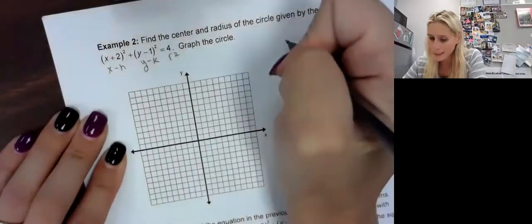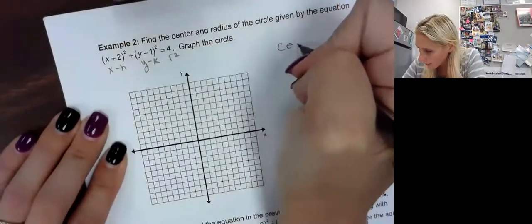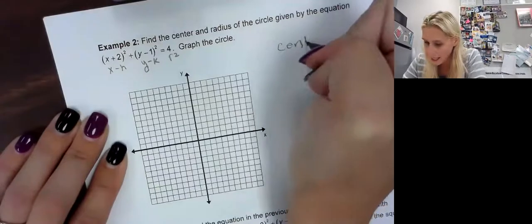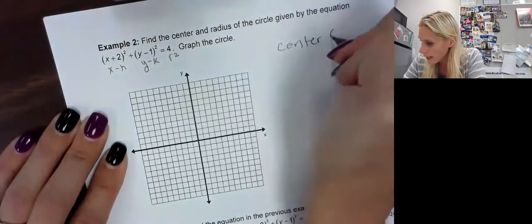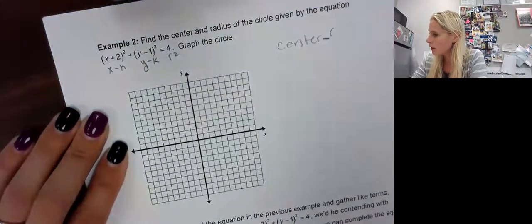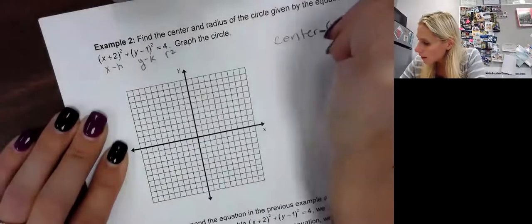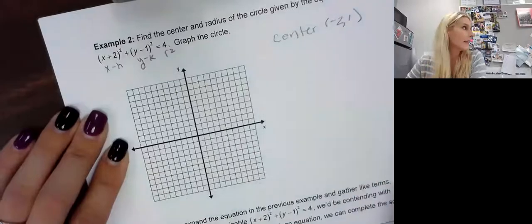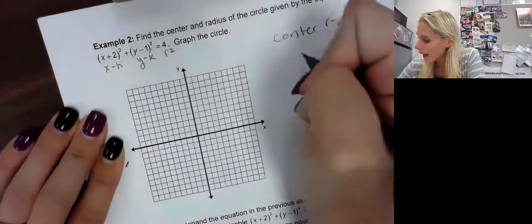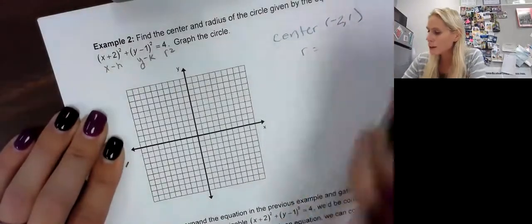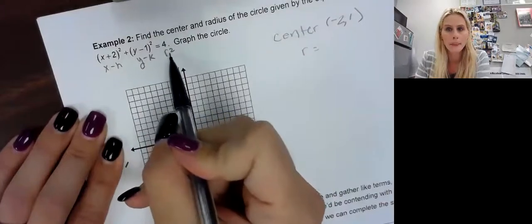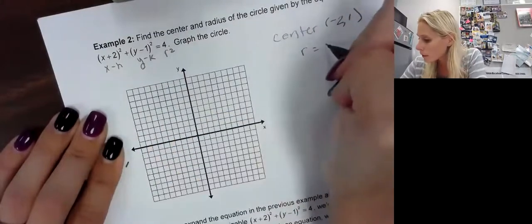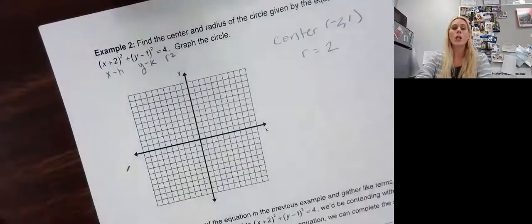So that means that the center, which is (h, k), is (-2, 1). And the radius, keep in mind that we have to think of this as squared. So what's the opposite of square? We take the square root, so the radius is 2.